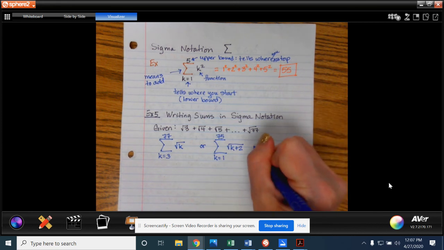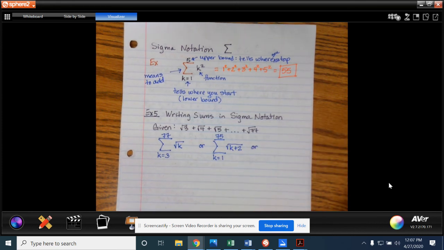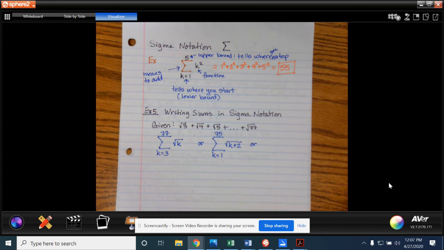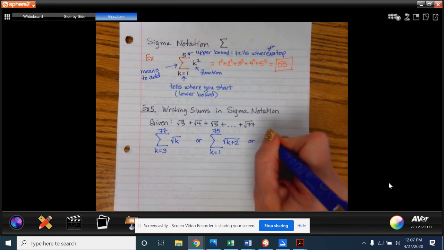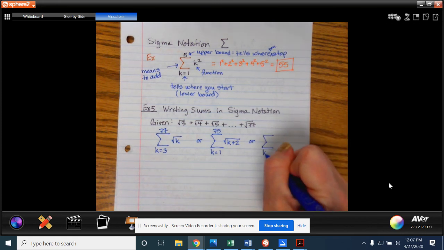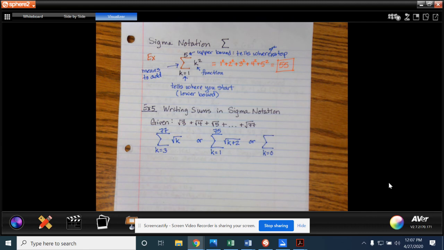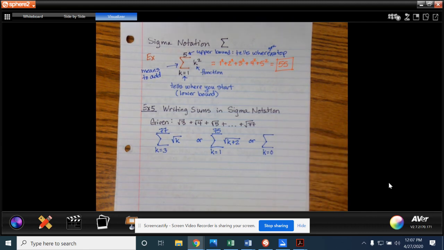Some books require, or some professors require, that you start at either 1 or you start at 0. So here's another one. What if I have to say that it starts at 0? What would I be putting in? Well, at position 1, k being 0, 0 plus 3 would be 3.